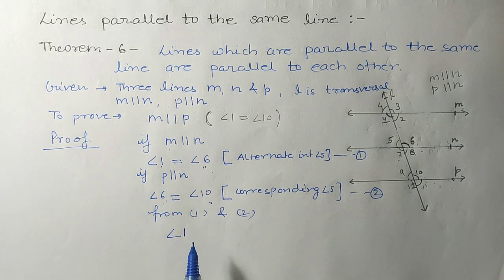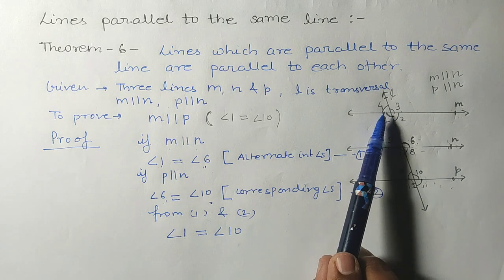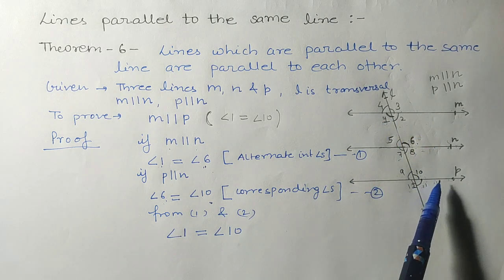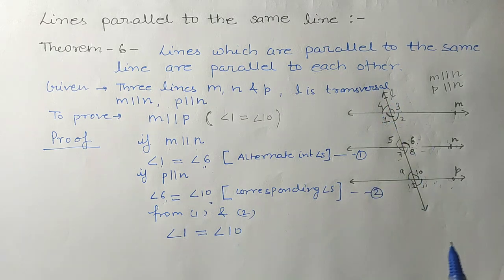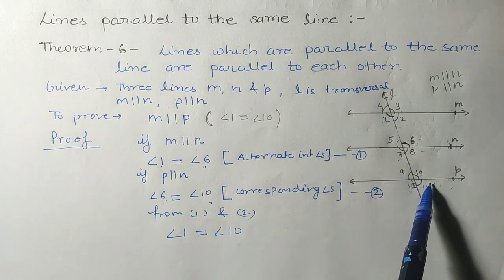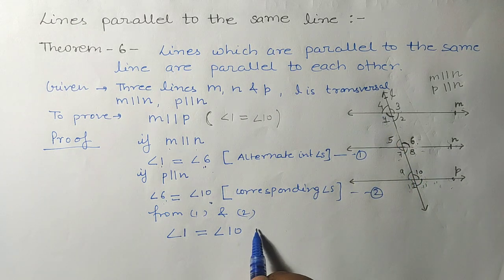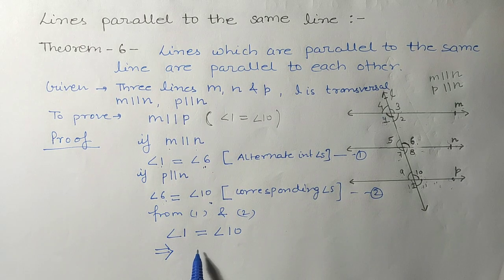So we can say that angle 1 is equal to angle 10. So if two lines M and P are intersected by a transversal L and their alternate interior angles are equal, then this will imply that line M is parallel to P.